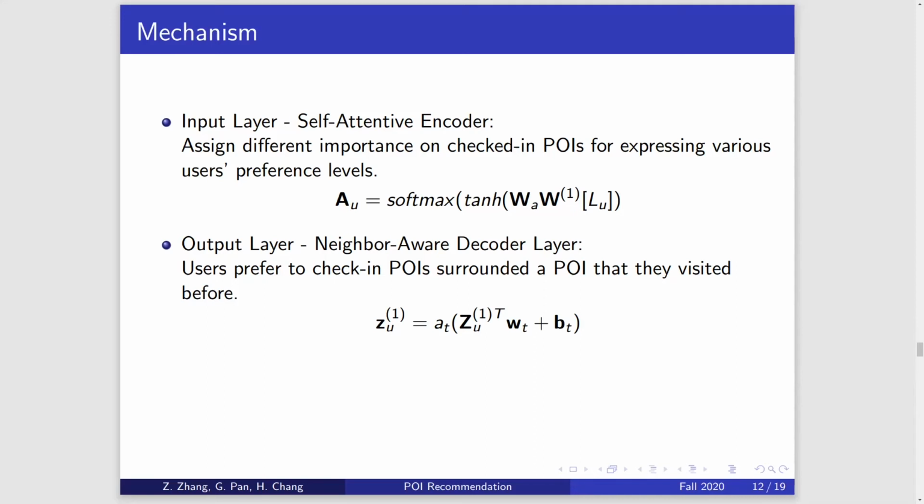For this intuition, we apply another weight WT in the output layer. Finally, an aggregation layer is added to the network to aggregate users' representations from different aspects into one aspect.